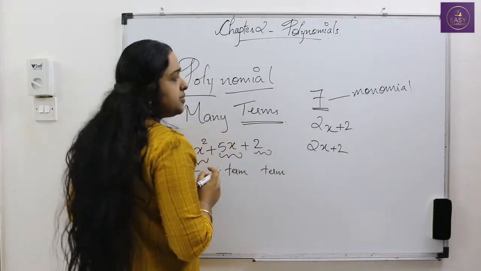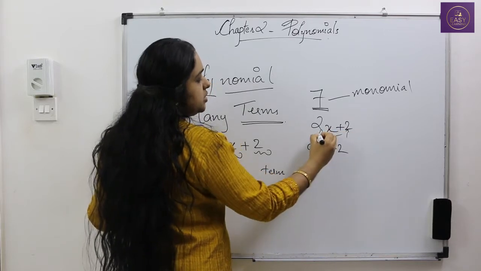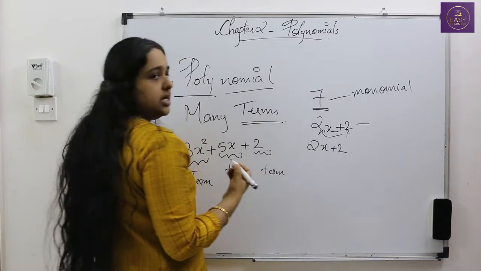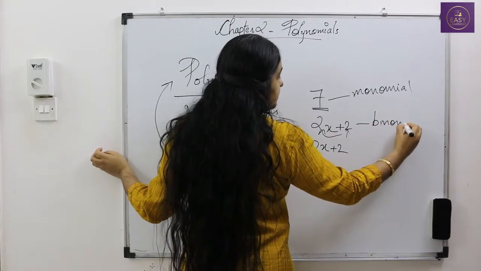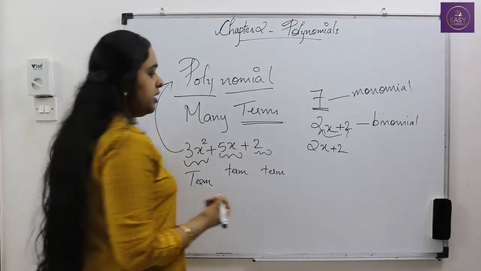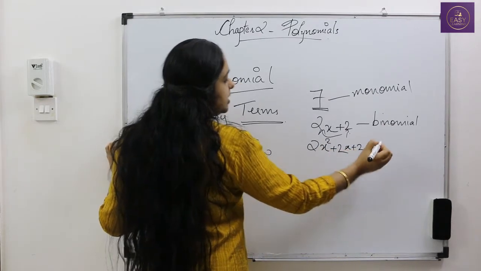If we make it 2x plus 2, we can see that there are 2 terms, 2x and 2. What do we call this? This will be a binomial. For example, 2x square plus 2x plus 2.